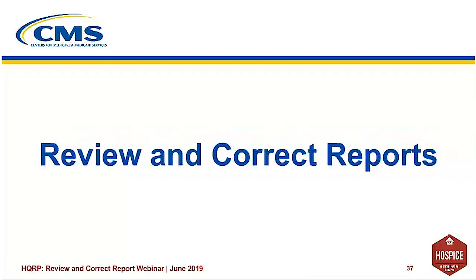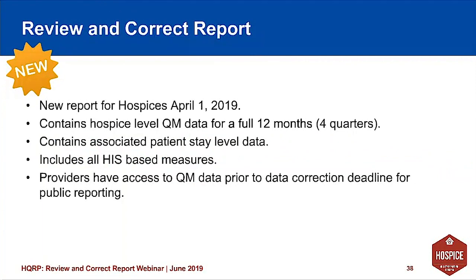I'm going to do a bit of a deeper dive into the Review and Correct reports for the hospice setting. These reports were new for hospices as of April 1st of 2019, just a couple months ago. They contain hospice-level quality measure data for a full 12 months or 4 quarters.